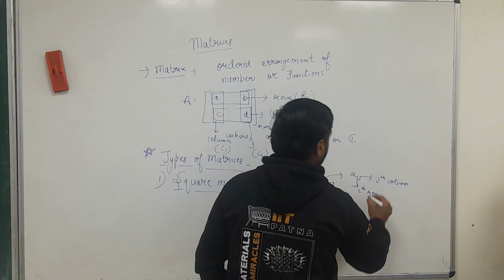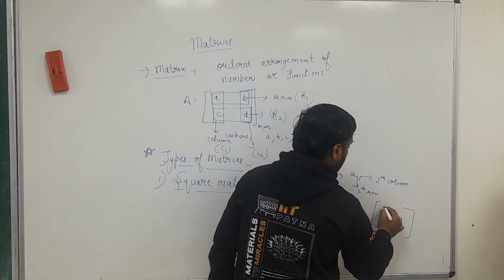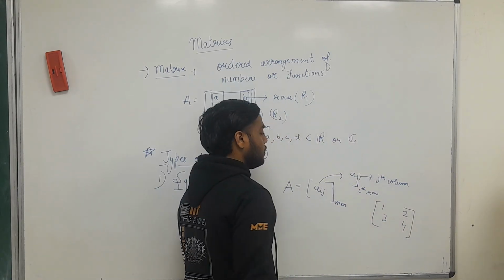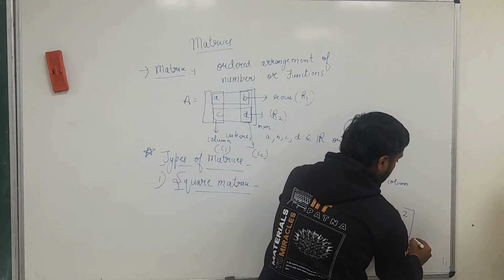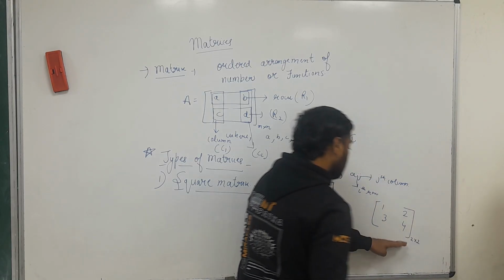Suppose the matrix whose entries are 1, 2, 3 and 4, whose order is 2 cross 2.